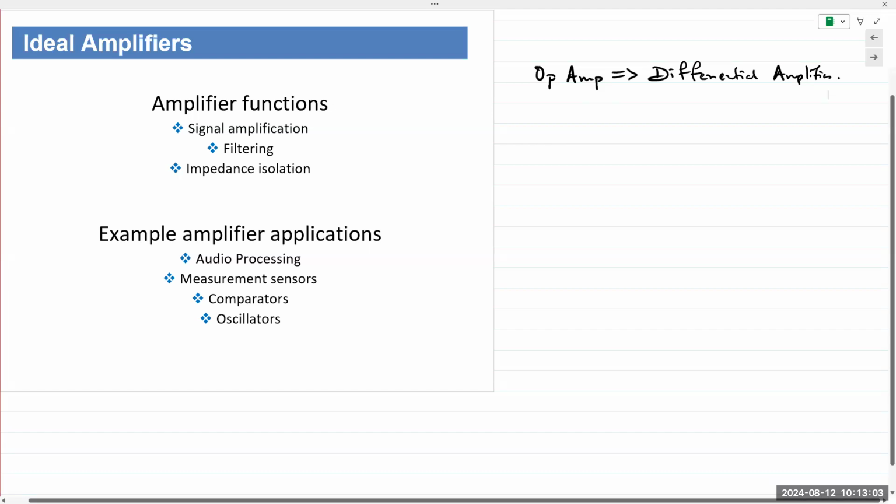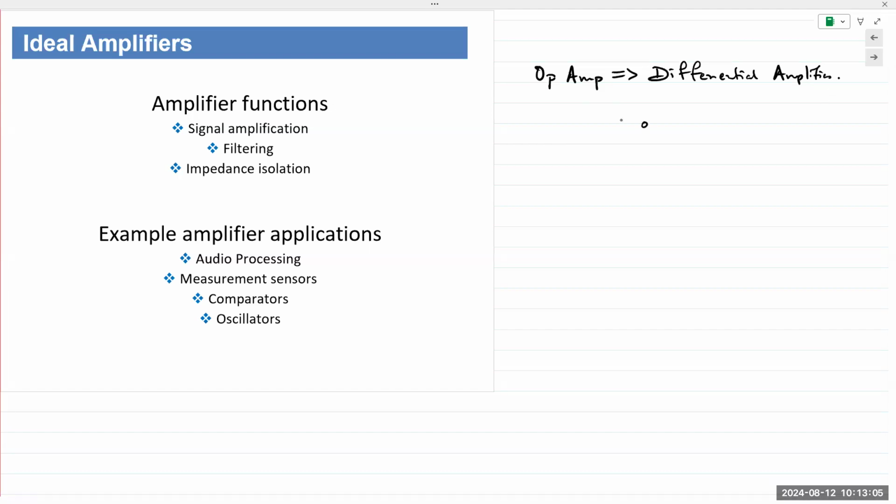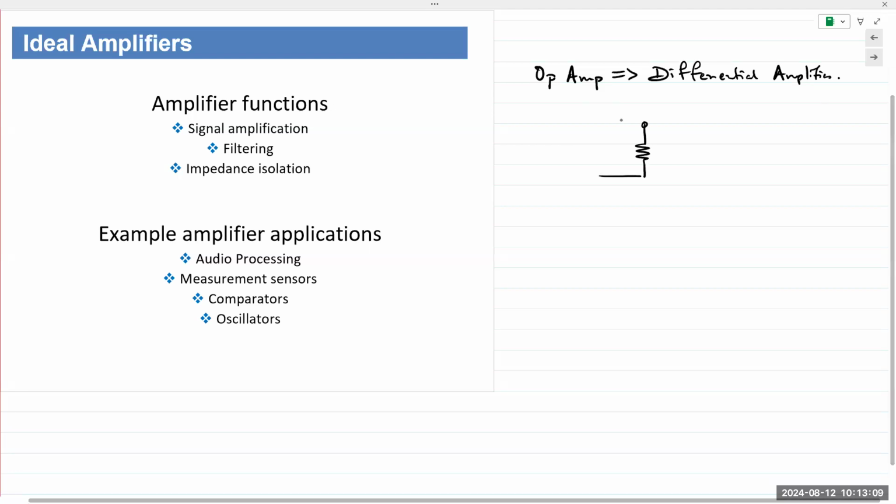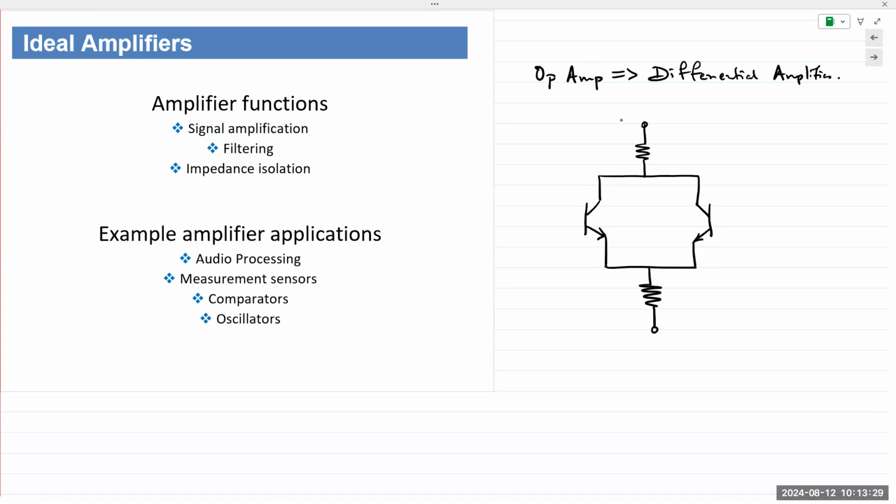And the simplest differential amplifier would look something like this. You'd have two transistors connected, I was going to say back to back, but face to face. Or we can also say back to back. So this is the most basic version of a differential amplifier.